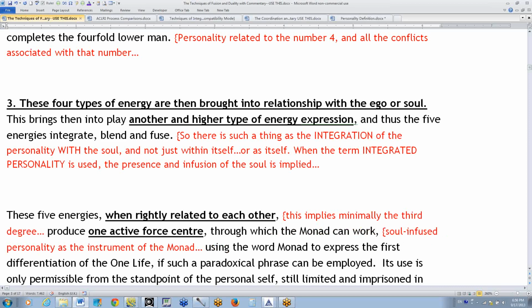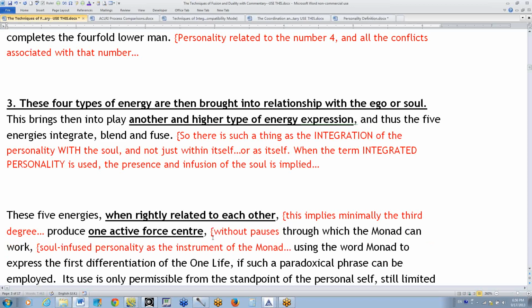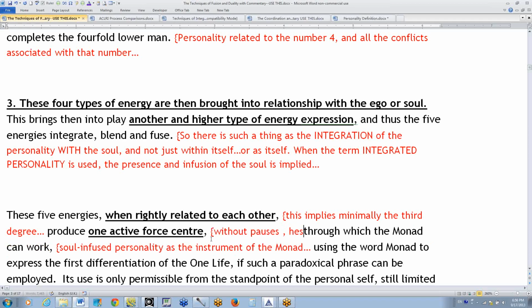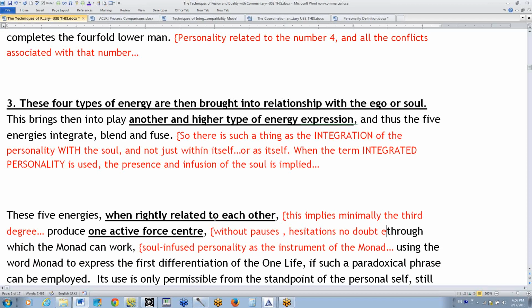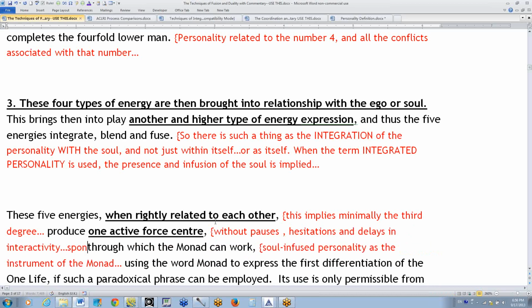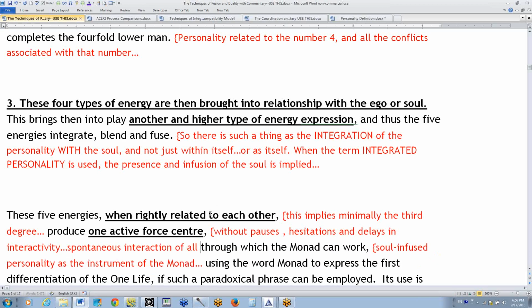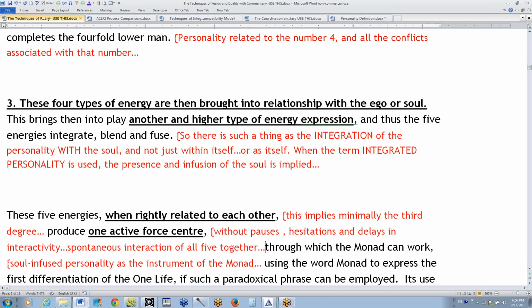Without pauses, hesitations, and delays in interactivity, a rather spontaneous interaction of all five together.